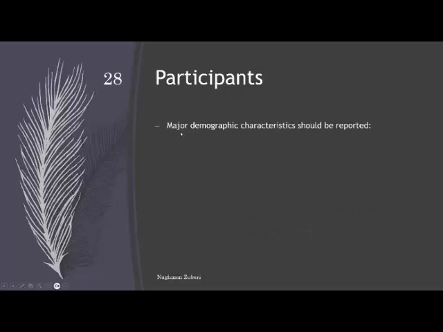Participants: major demographic characteristics should be reported where you are conducting the research. Well, the gender and the age group of the participants, their racial and ethnic designation if it is important, their national origin if it is required, their level of education if that is going to affect the results, their health status, and the languages you have used.